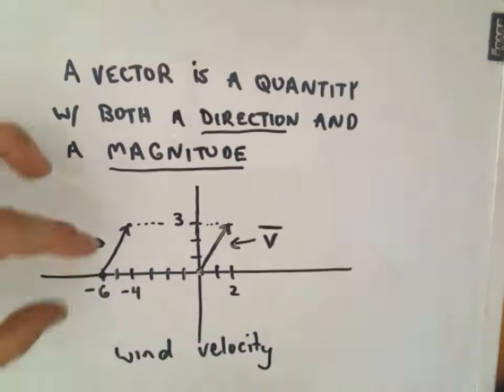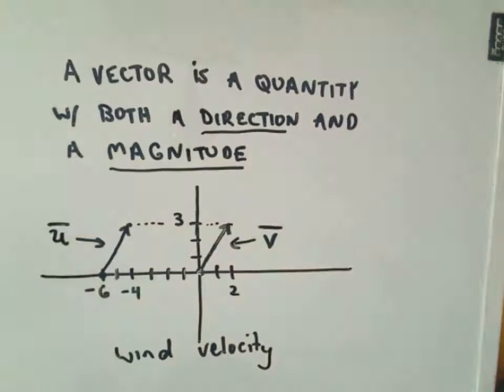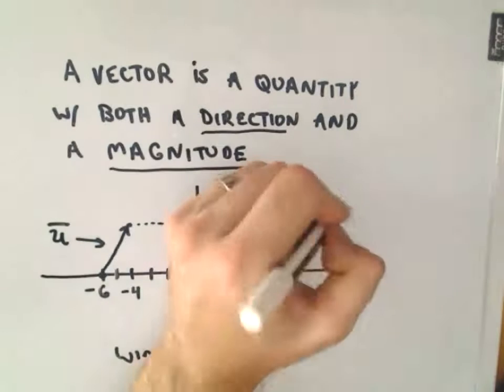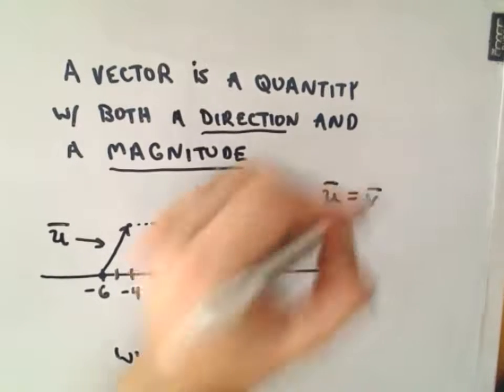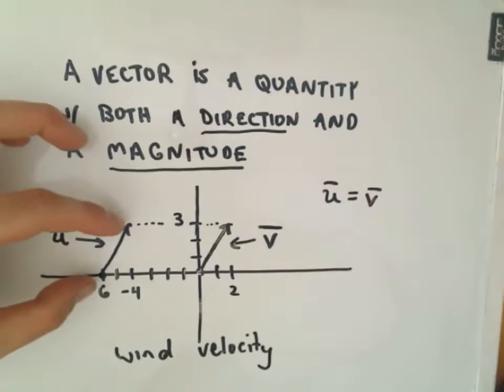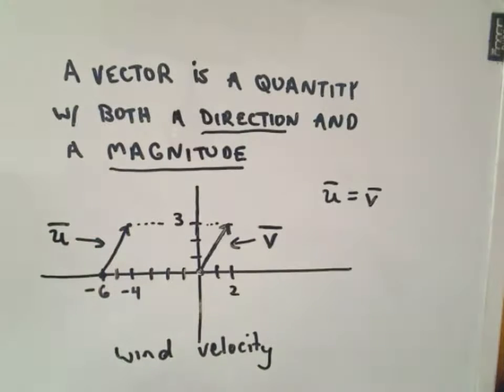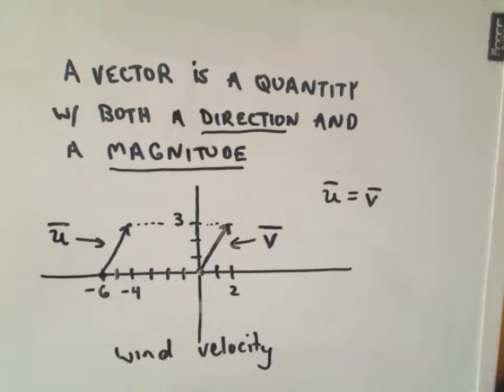So this is an important property about vectors, is they're independent of their position in the plane. So actually, we would say that vector u and vector v are really the same vector. They've got the same length, and they've got the same direction. Again, I'm going to use length and magnitude interchangeably. So they have the same magnitude and the same direction, they're equal.